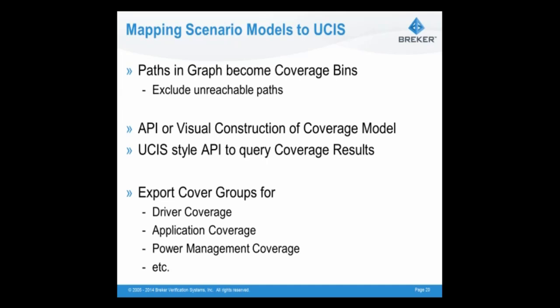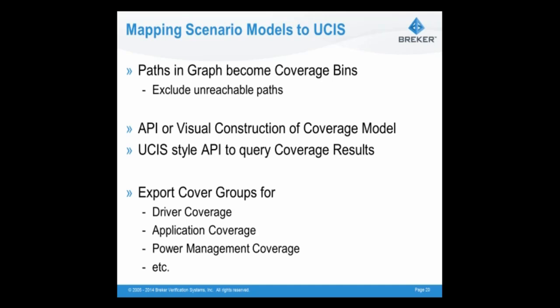Having 10 to the 300 paths for a system is nothing. And obviously we don't want that many bins in our coverage database because we're just simply not going to satisfy them. So the idea over here is that you prune the graph into the cases that you care about, and then make the pruned graph your coverage model, and paths in that graph become bins in your coverage model.